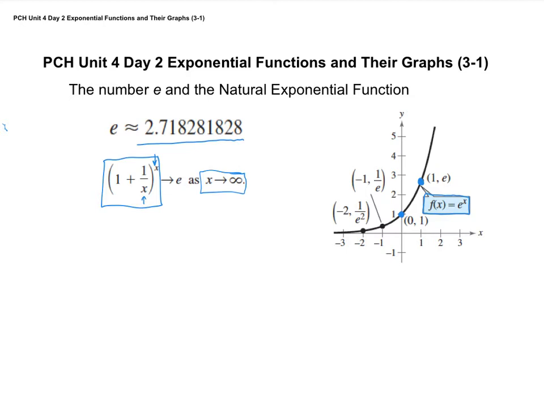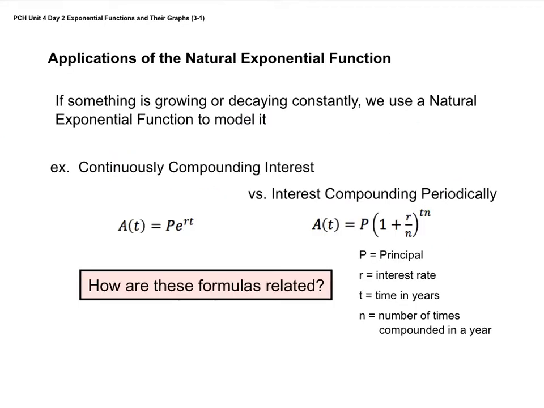And to explain this a little bit better, I want to look at an example using two formulas that you've seen before. We have a continuously compounding interest formula. The amount at time t is given by the principal times e to the power of the rate, as a decimal, the interest rate, times the time. Now you've run into this formula before, and you probably just memorized it.